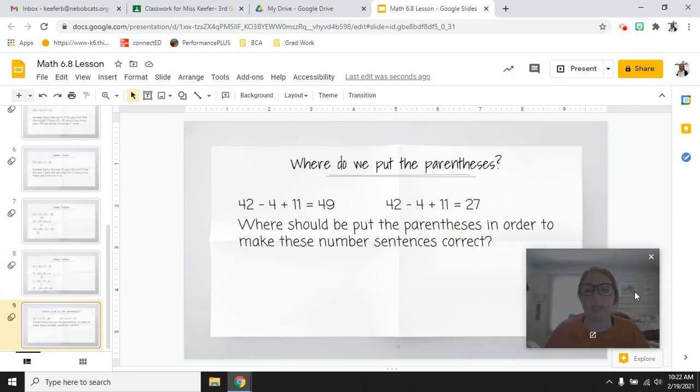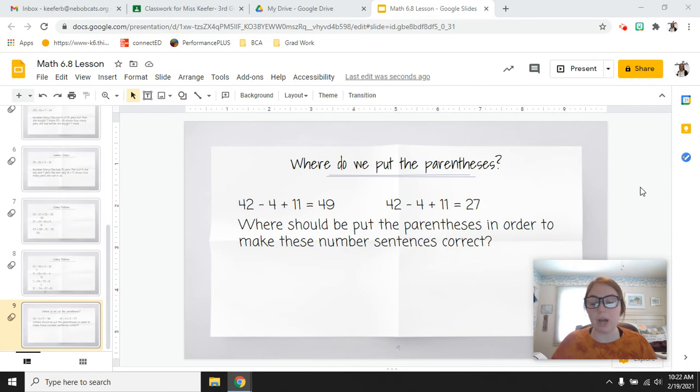The next part we're going to be looking at is solving a problem where we're not sure where the parentheses go. So they have two number sentences here that are solved, but there's no parentheses. The numbers are the same, the operations are the same. We're trying to figure out where we put the parentheses in order to make the answers correct. So for this one to equal 49, we need to figure out, are we going to put the parentheses over 42 minus 4 or 4 plus 11?